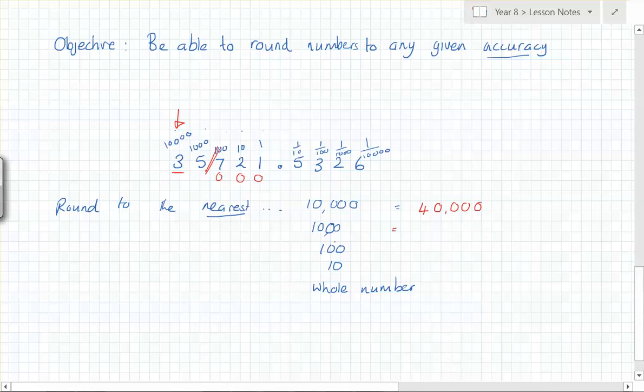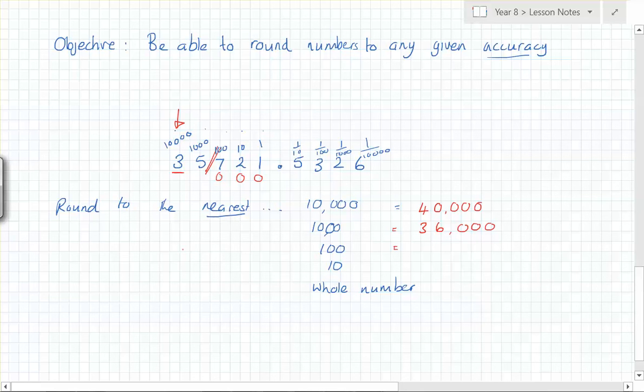Louis, to the nearest 1,000. 36,000, good. Okay. Daniel, to the nearest 100. So which number's in the 100 column?